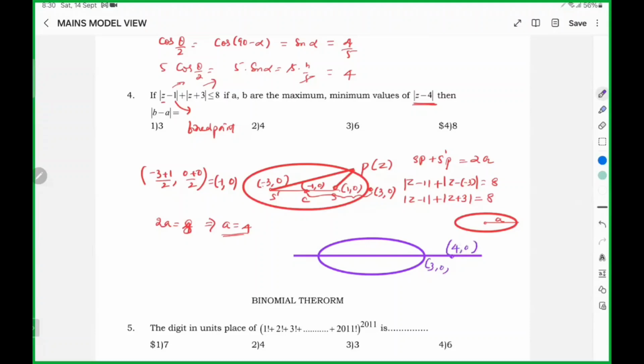Why I'm considering 4 means he is asking z is any point. There are many points, many distances possible. Least distance is, if you consider this point, this will be the least distance. Minimum of z minus 4 will be how much? 1. Here is a point. So this distance is 8 plus 1, 9.